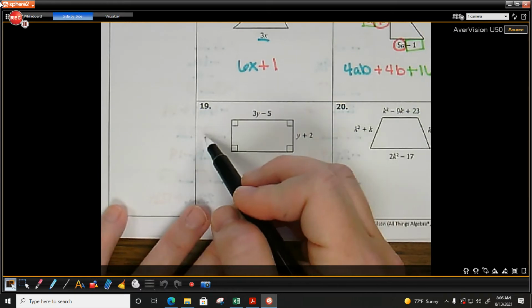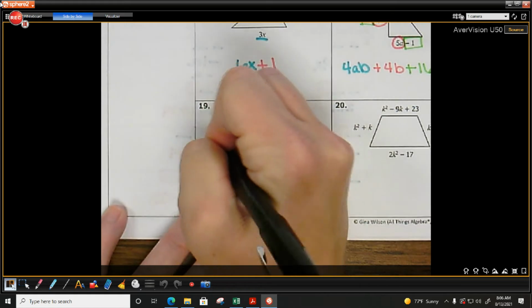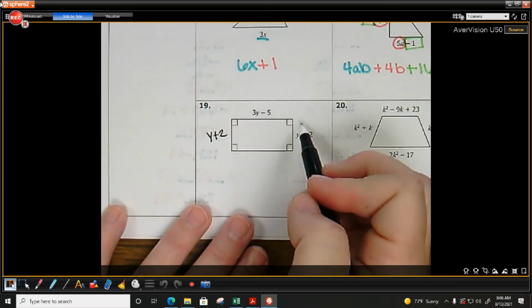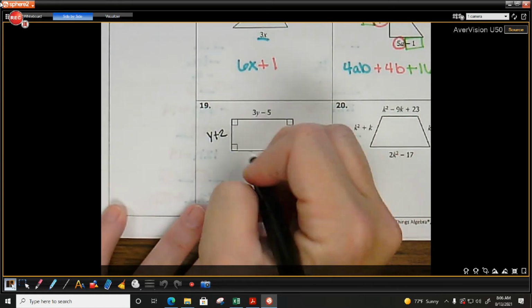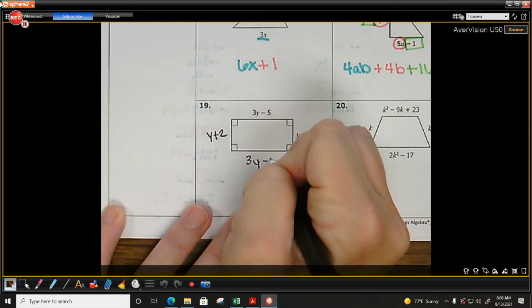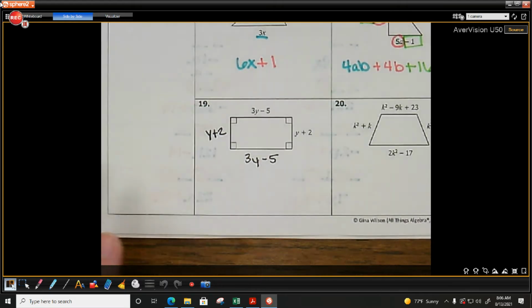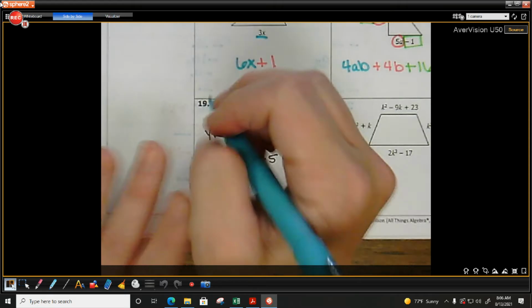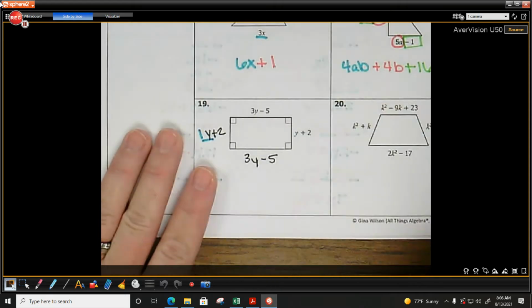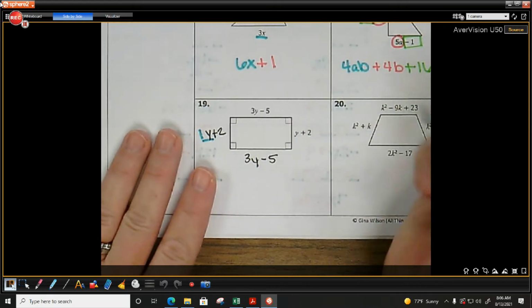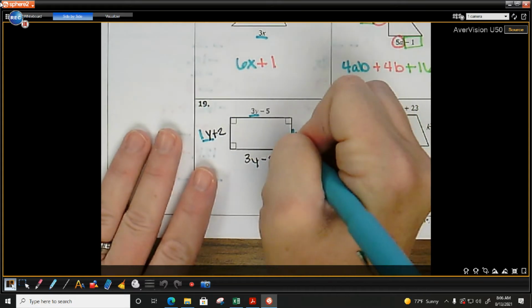If the top is 3y minus 5, the bottom. Got it? Okay, so let's look at our like terms. Let's start with y's. I have a y. I'm going to put a 1 there to help me know that's a 1y, 3y, 1y, and 3y. So I have 4 like terms here.